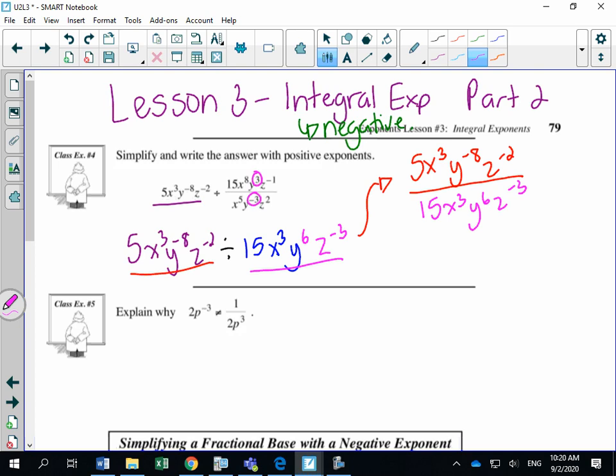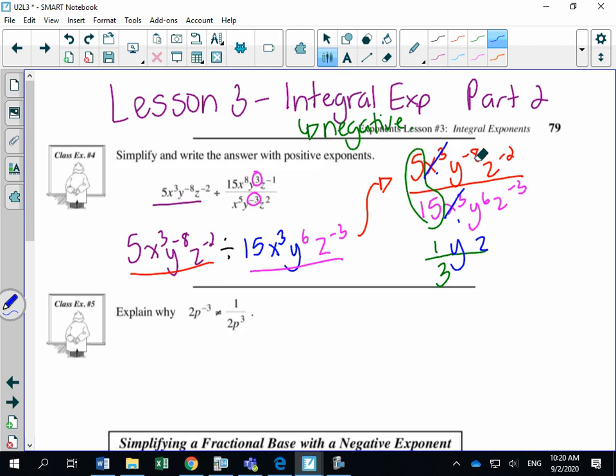And now let's simplify. So 5 divided by 15, 5 over 15 is 1/3. For my x's, x to the 3 divided by x to the 3, I could now cancel that because 3 minus 3 is 0. For my y's, I always write my variables in my numerator, and then I'll get rid of the negative exponents at the very end.